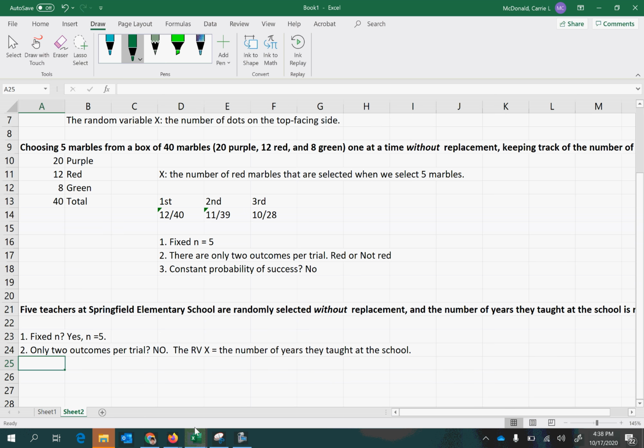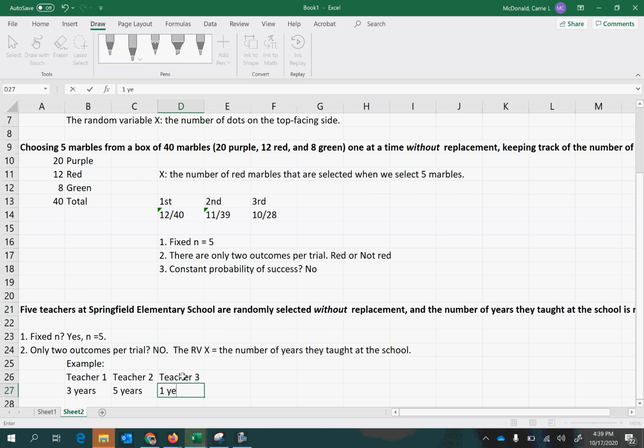So let's just do a quick example to understand what we're doing here. Teacher 1, the first teacher that's selected, maybe that person has taught 3 years at that school. And then maybe teacher 2 has taught 5 years at that school. And teacher 3, maybe only 1 year.